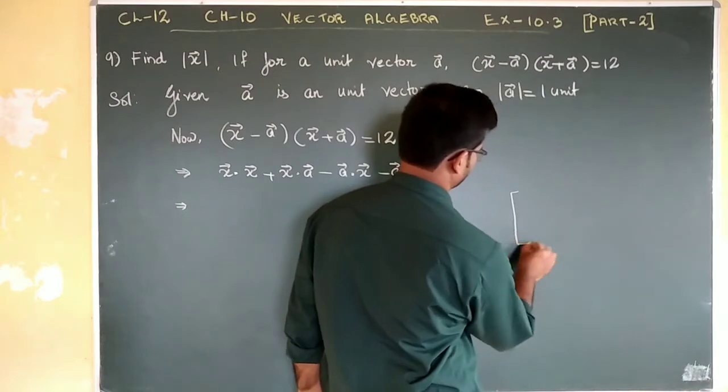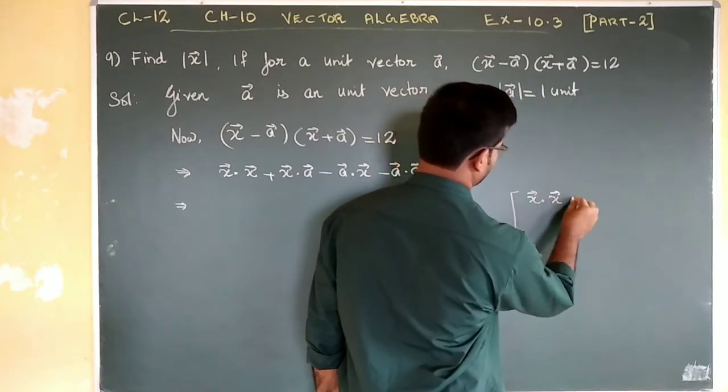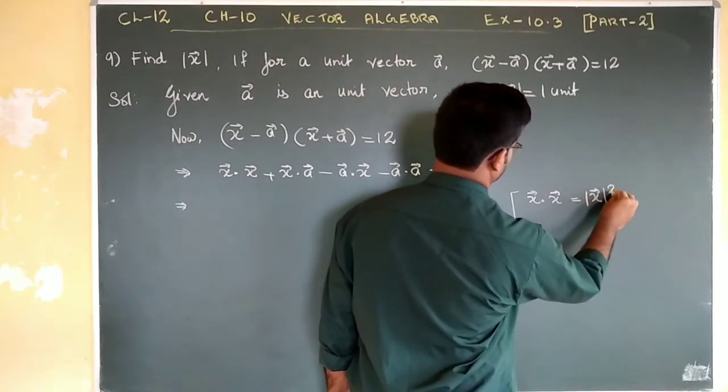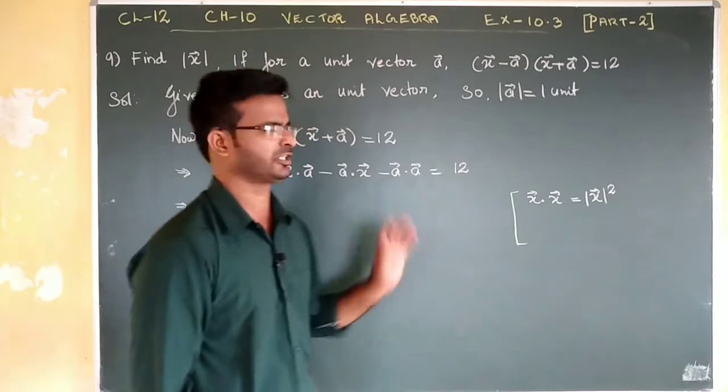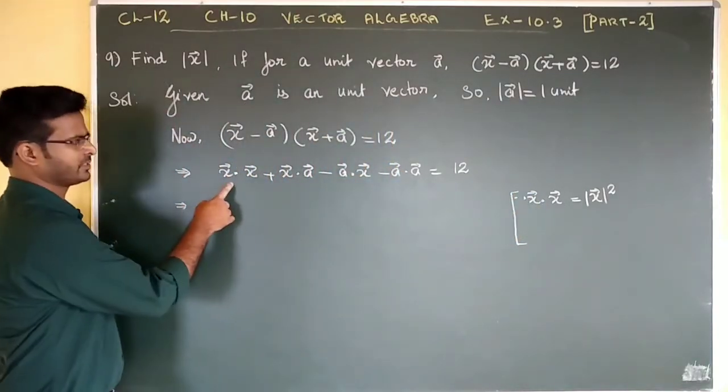At that time, x vector dot x vector we can write as modulus of x vector square. This is one observation we have studied. Use that observation here.